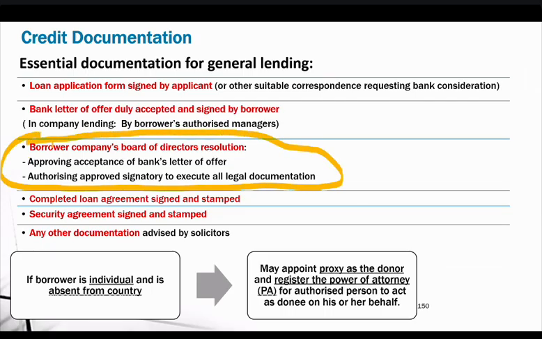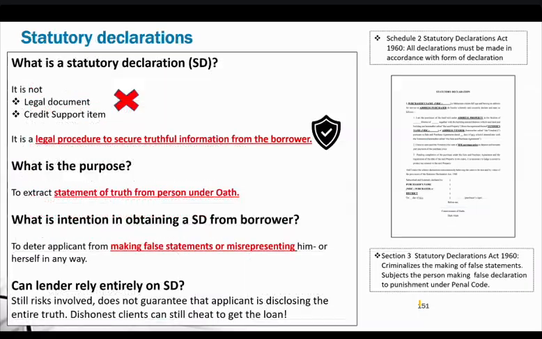What it normally means is that the directors sign off, authorizing on behalf of the company to accept the letter of offer, and authorizing the approved signatories in the company to execute the legal documents. If the borrower is an individual and absent, they will appoint a proxy as donor and register the power of attorney. This one will be an exam topic.